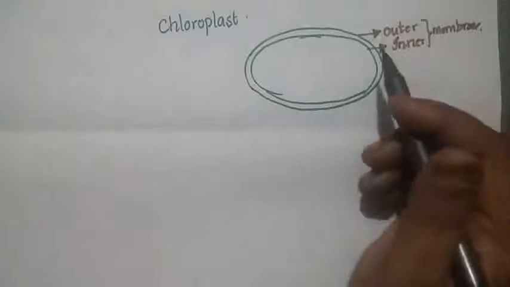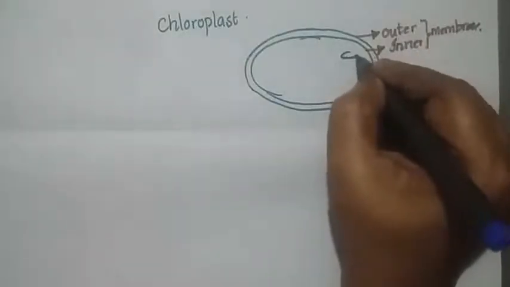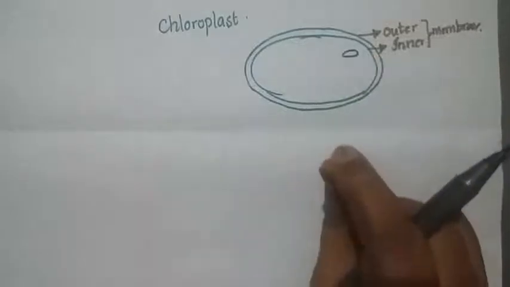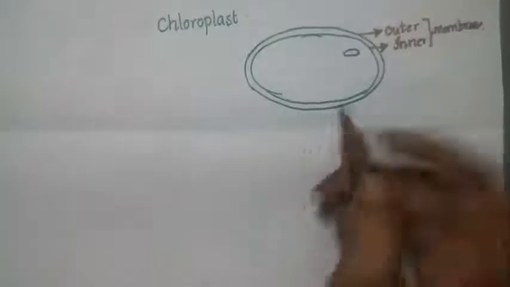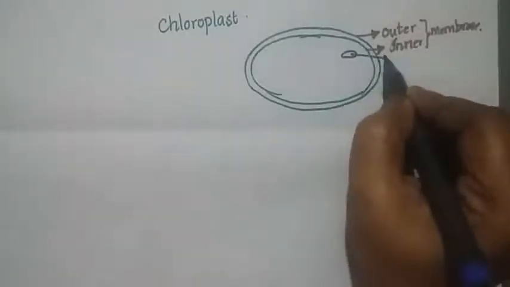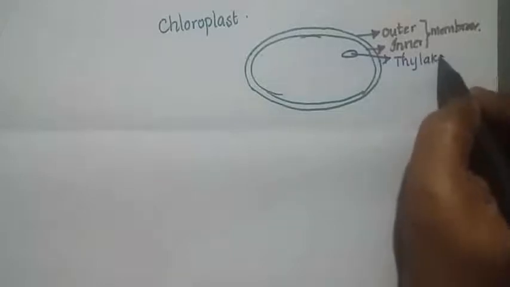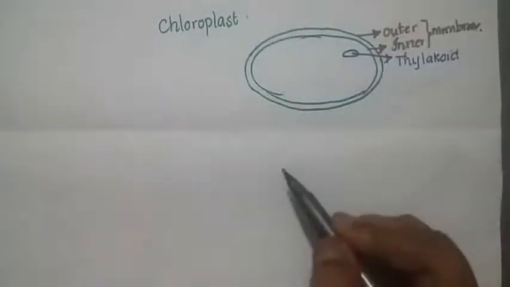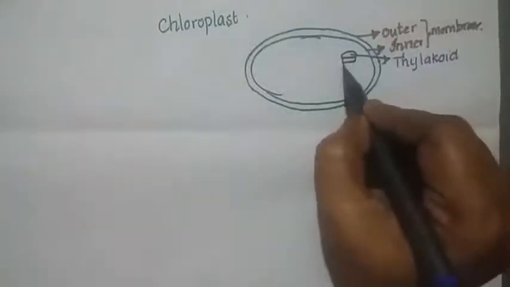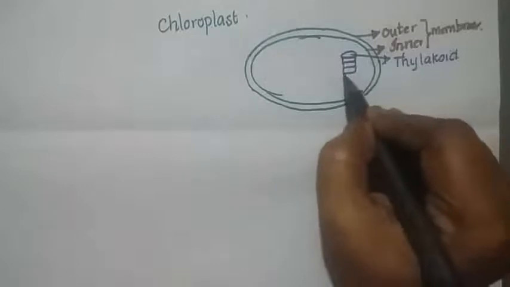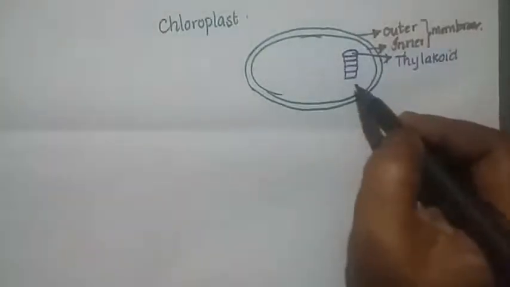Within this double membranous structure, we find a flattened disc-like or coin-like structure, and this coin-like structure is known as a thylakoid. In fact, there are piles of thylakoids which are arranged one above the other.